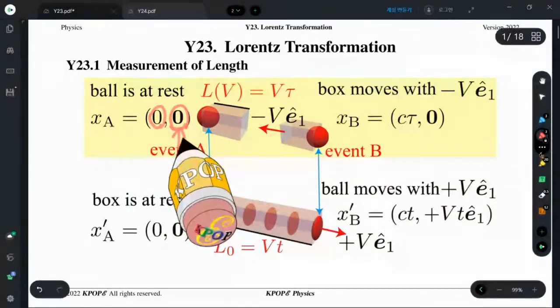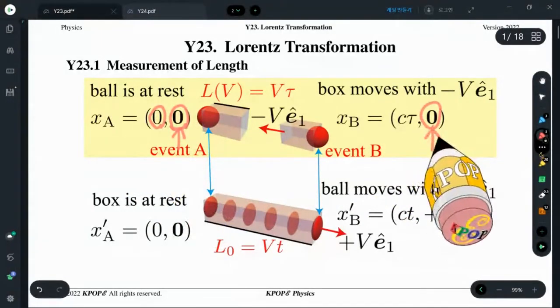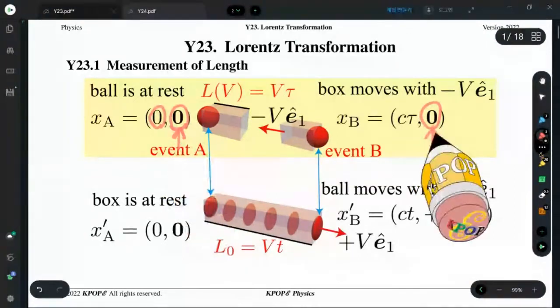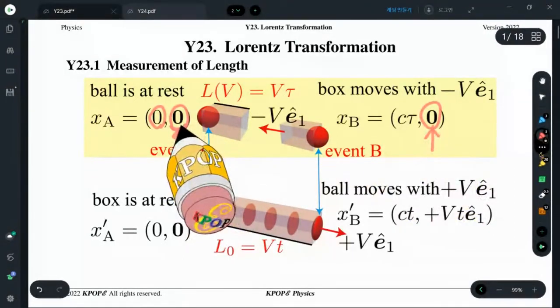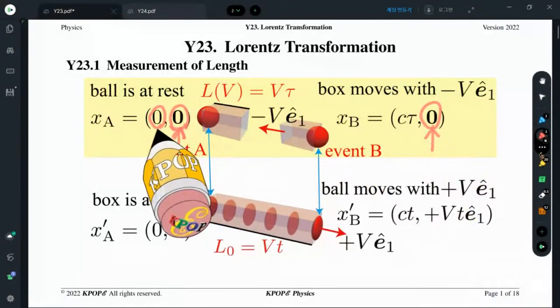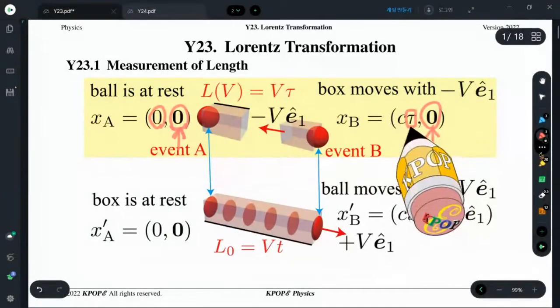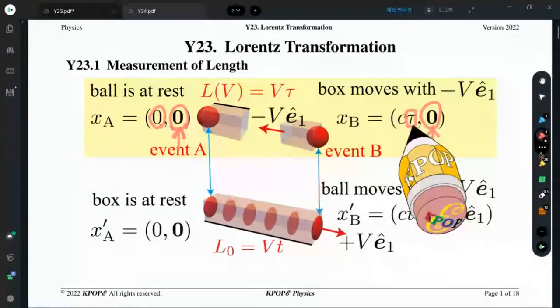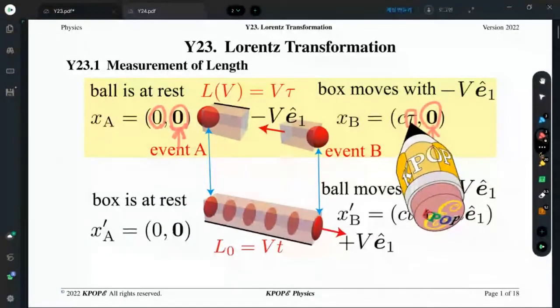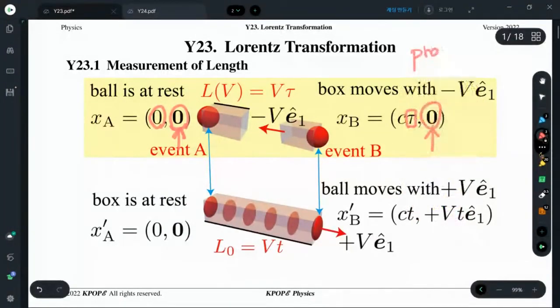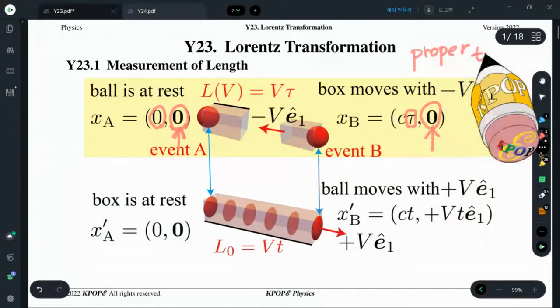If the position does not change from the beginning to the end, in that case, the time coordinate is expressed in terms of tau, and this Greek letter tau represents the proper time.